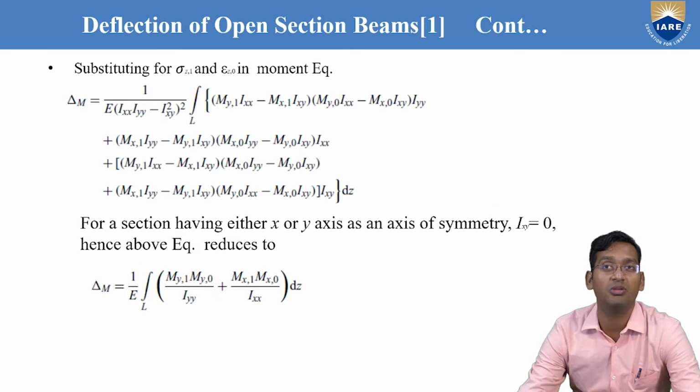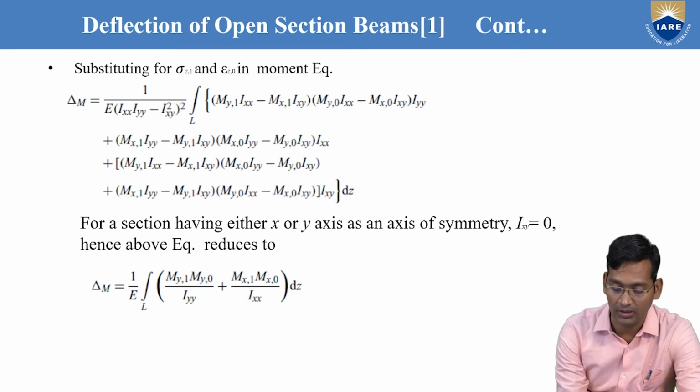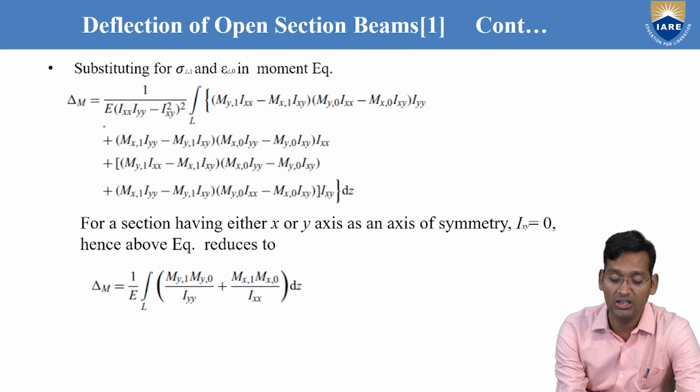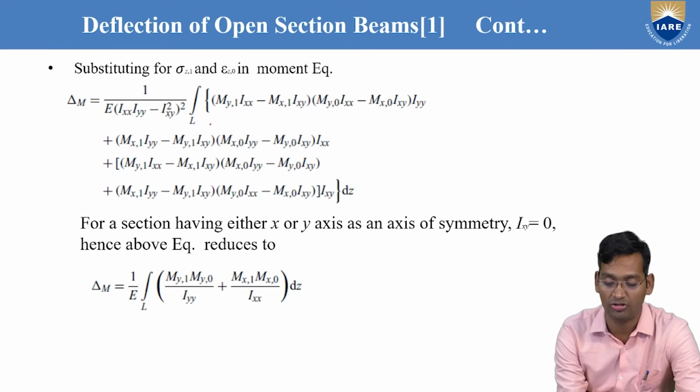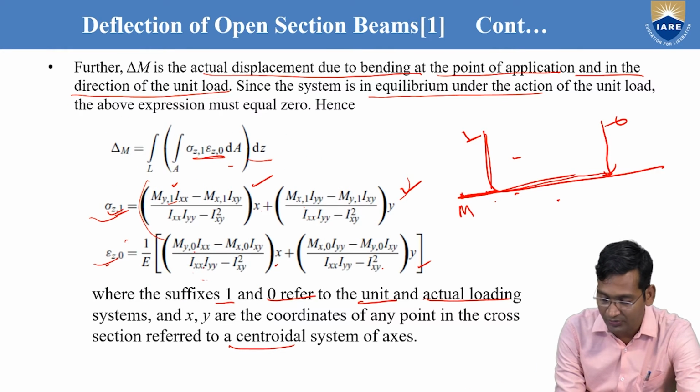Now substituting sigma z1 and epsilon z0 in the moment equation. So after substituting here, delta m equals 1 by E into Ixx Iyy minus I square xy whole square, because in the denominator this into this will get multiplied.